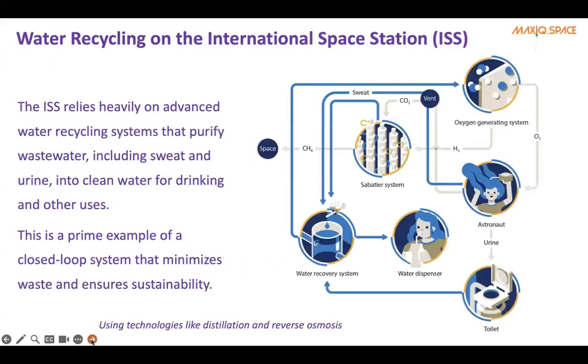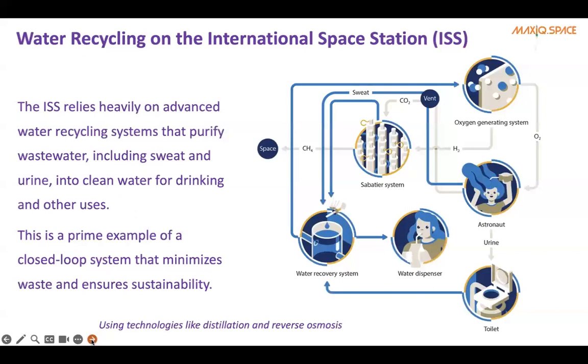The first example we're going to look at is water recycling on the International Space Station. Fresh water can be supplied to the space station, and sometimes it is. Unfortunately, it's really expensive to get it there, from a fuel perspective and also a volume perspective.